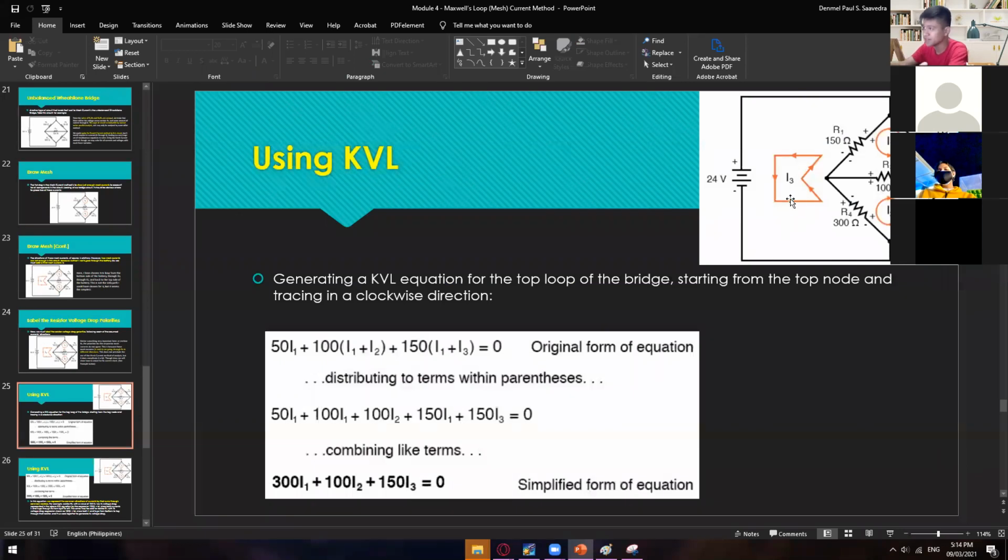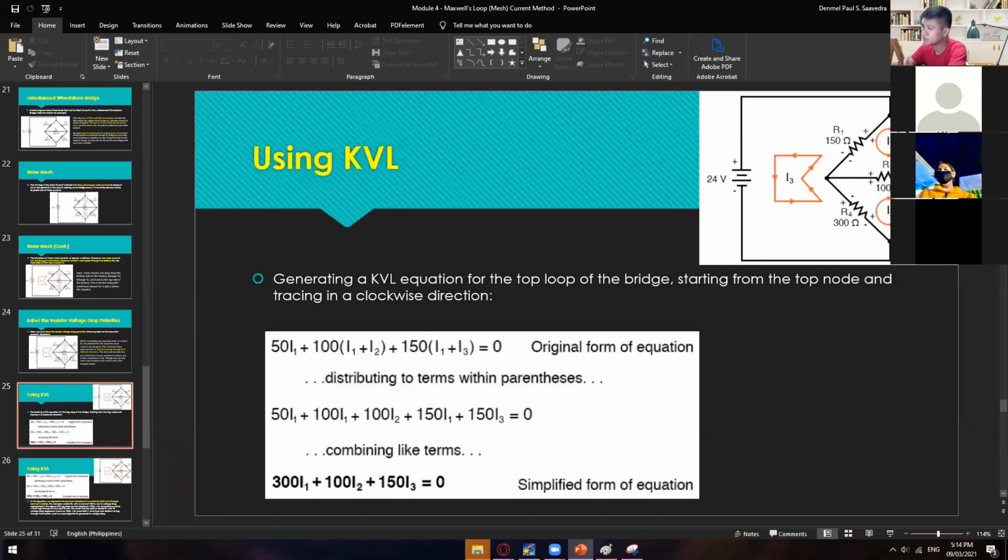Like right here. Okay, so this is the generated KVL equation from this bridge. So where did it start? I sub 1, right here. So positive 50 I sub 1.